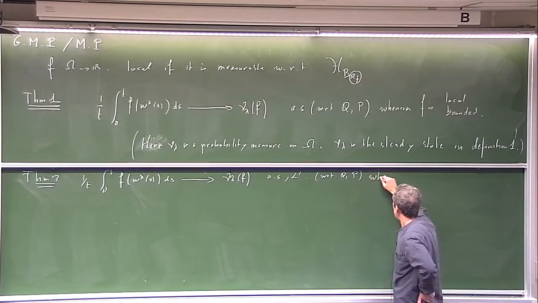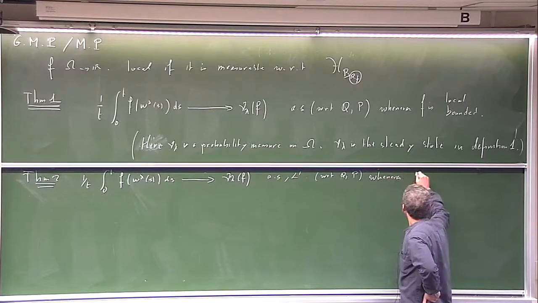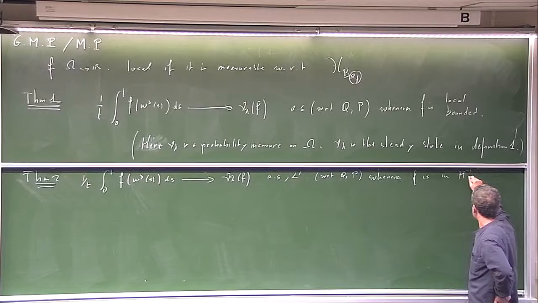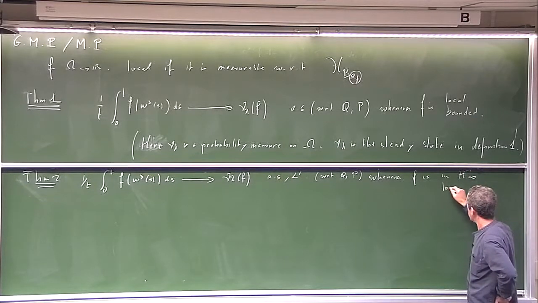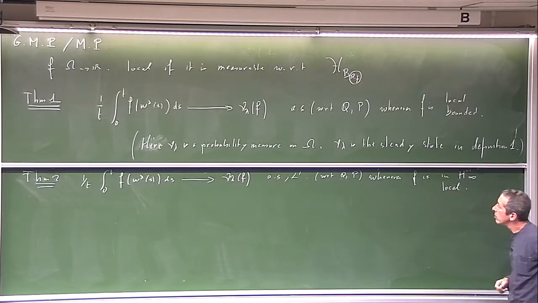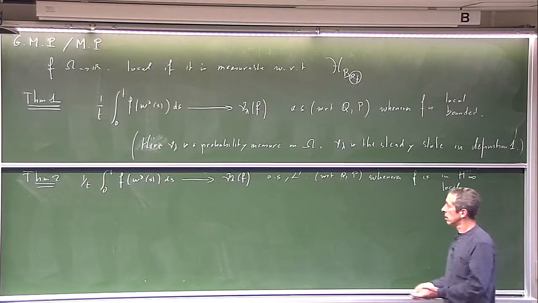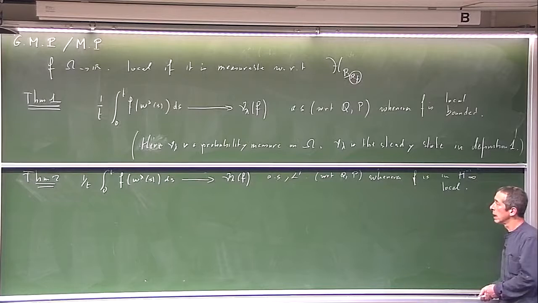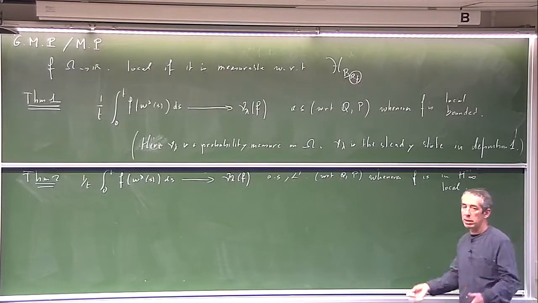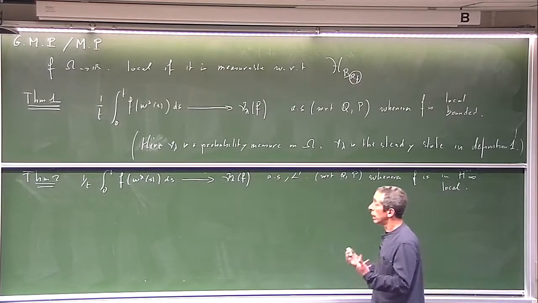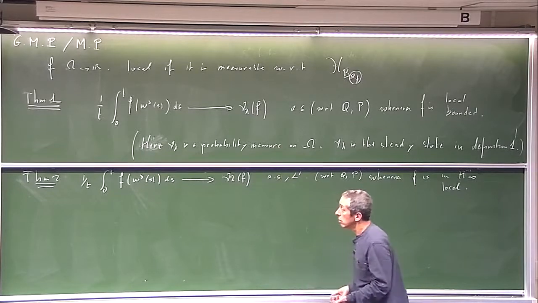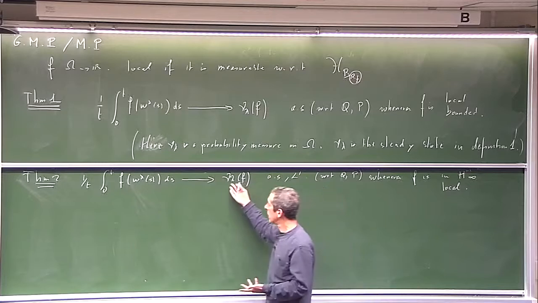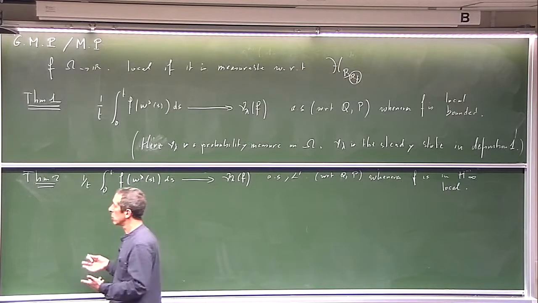And now, whenever f is in H minus 1, infinity, and local. And once again, once you have proved that for a local function, then you can almost automatically extend this to H minus 1 tilde infinity by some continuity argument. And then nu lambda will be a linear function on H minus 1 tilde.